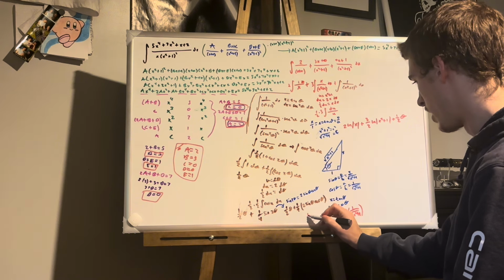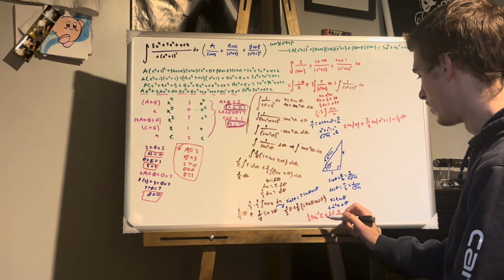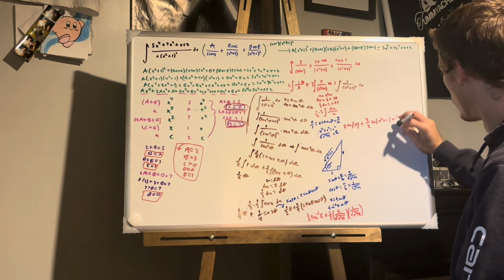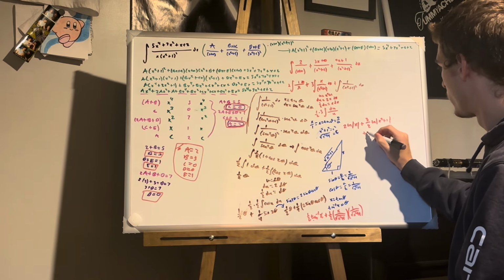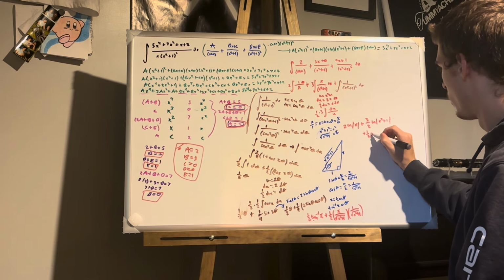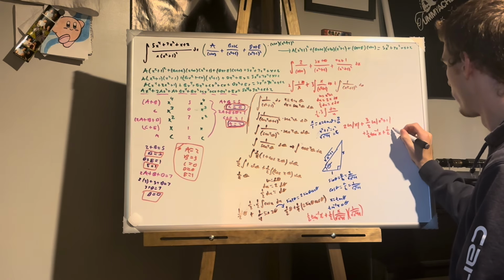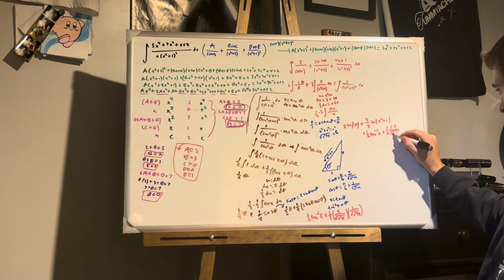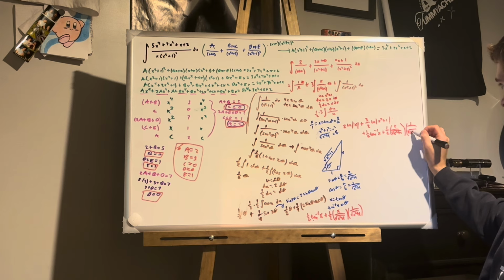So 1/2 inverse tangent of x. Plus 1/2 x over the square root of x squared plus 1 multiplied by 1 over the square root of x squared plus 1.